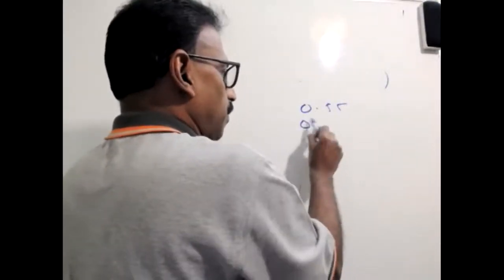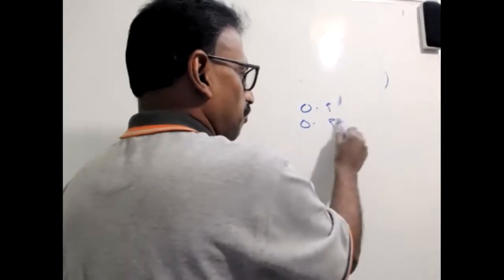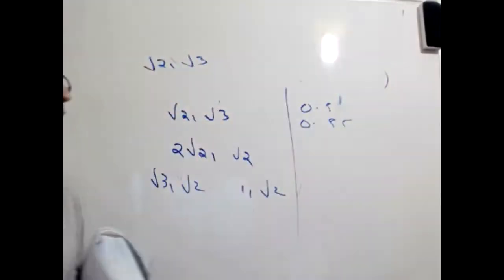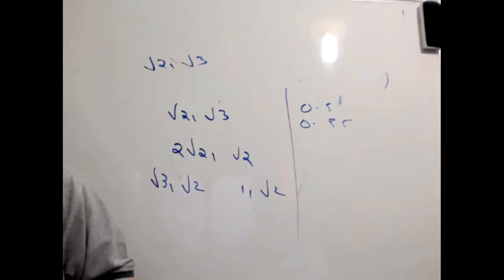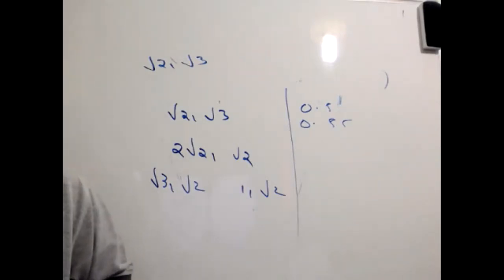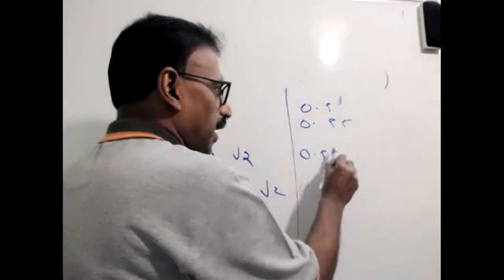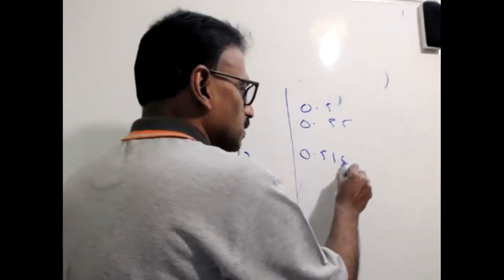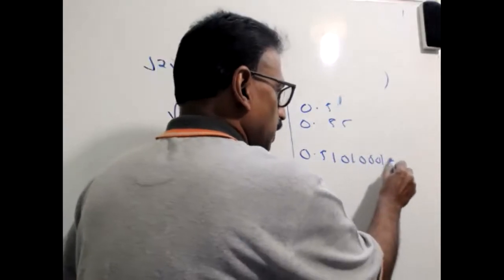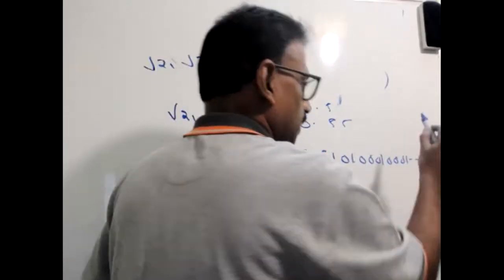Can you write one irrational number between 0.5 and 0.55? An irrational number, so what? 0.5101001000100001, etc. Don't stop it.